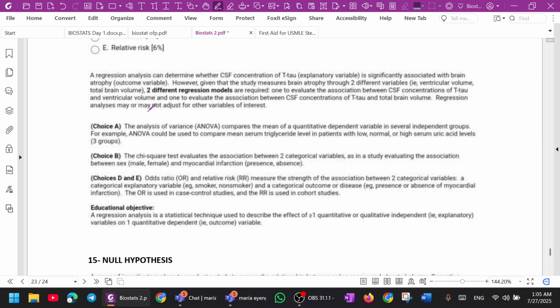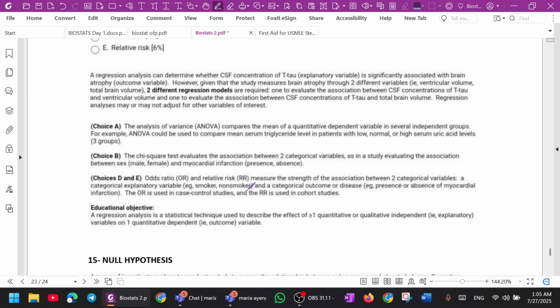Okay, can you read the chi-square, since you were confused on that one? Yes. Chi-square evaluates the association between two categorical variables, as in a study evaluating the association between sex, male or female, and myocardial infarction, presence or absence.